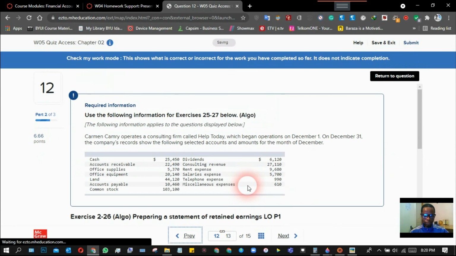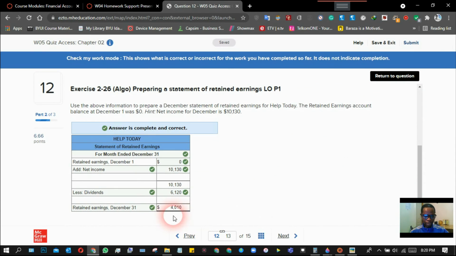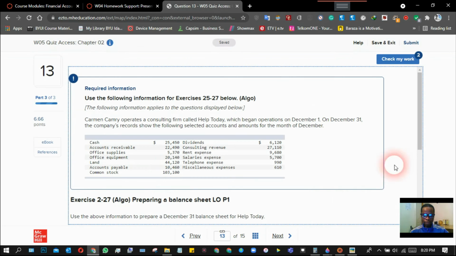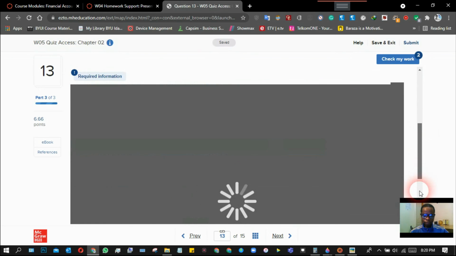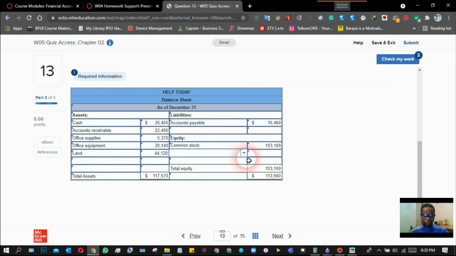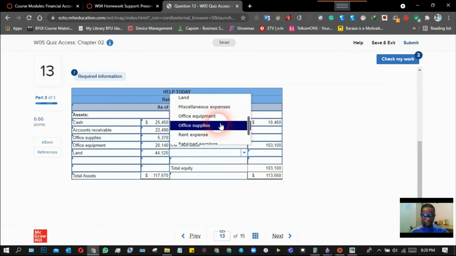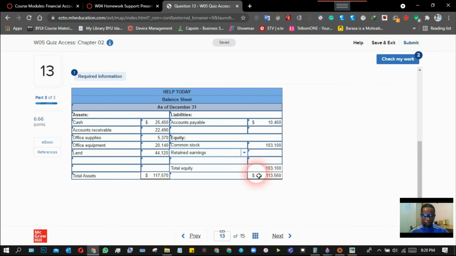So you have to check what our retained earnings were. Our retained earnings is 4,010. So we input our retained earnings here. It'll be $4,010.